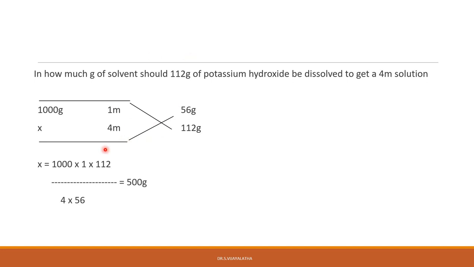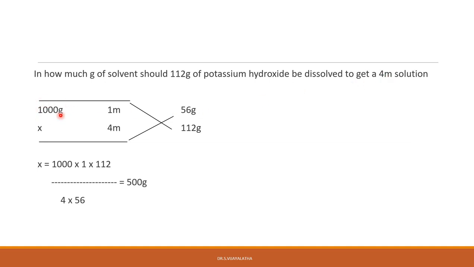The next problem, as I told you previously, this can also be X. So in this example, we will see how to find out how much amount of the solute we have to dissolve. In this case, it is potassium hydroxide and we have 112 grams. We need a 4 molar solution and how many grams of the solvent should we dissolve.